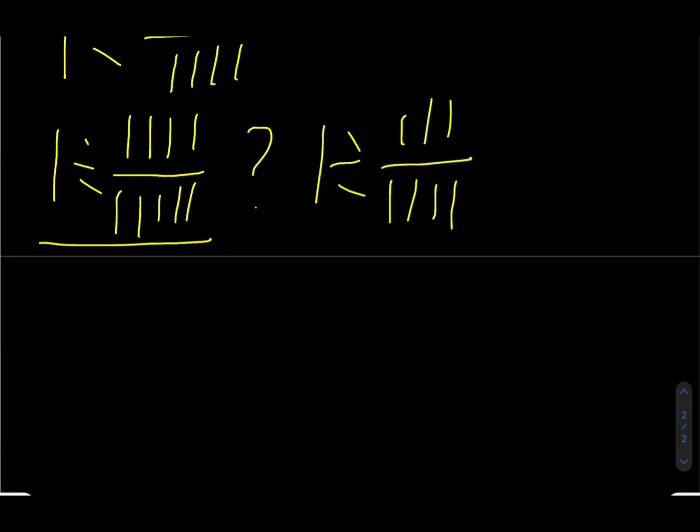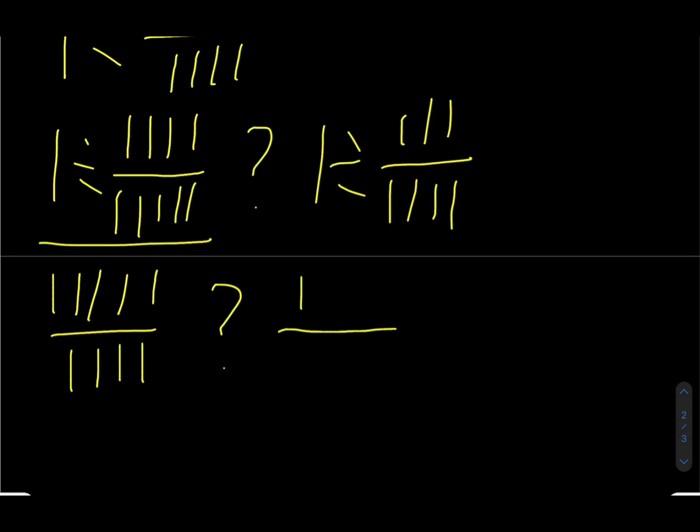So the one on the left would be 11,111 divided by 1,111. The one on the right would be 1,111 divided by 111.